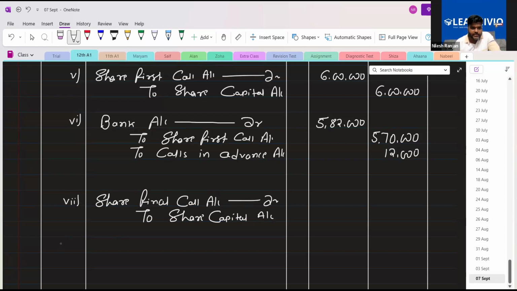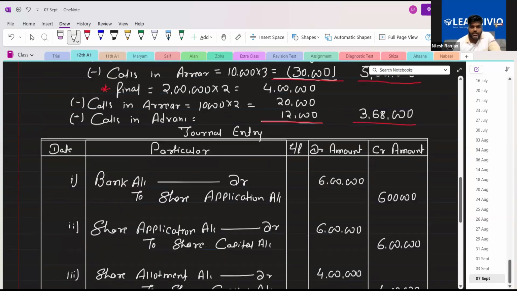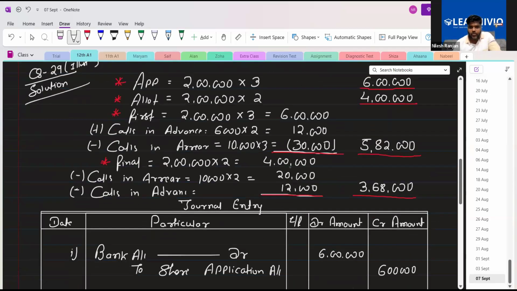And the next one is bank account debit. So we will ask the full amount again on final call, 4 lakh.